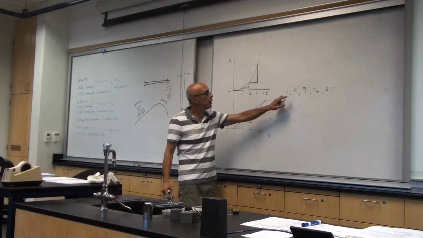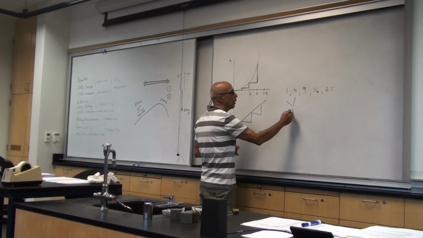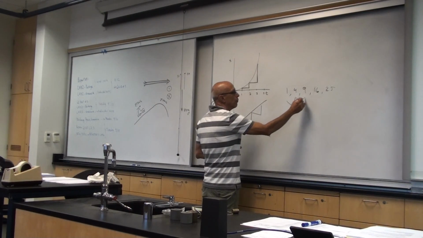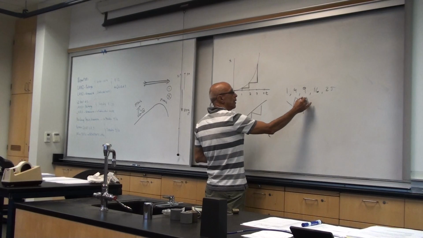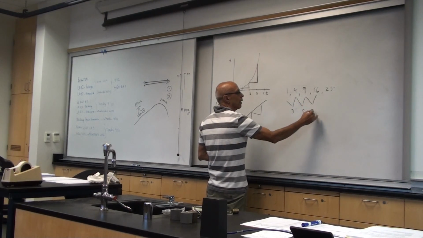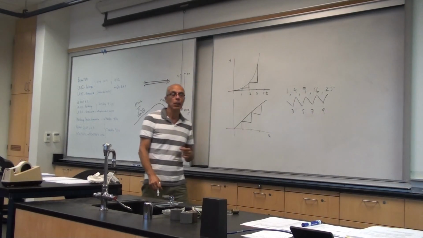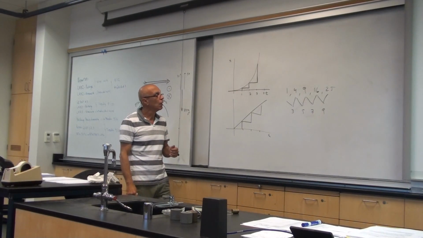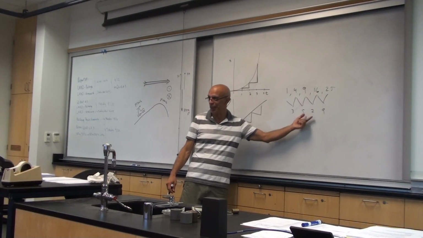So, what is the difference between 4 and 1? 3. Difference between 9 and 4? 5. Between 16 and 9? 7. And here, 9. So, you see that this here now is changing at a constant pace, right?